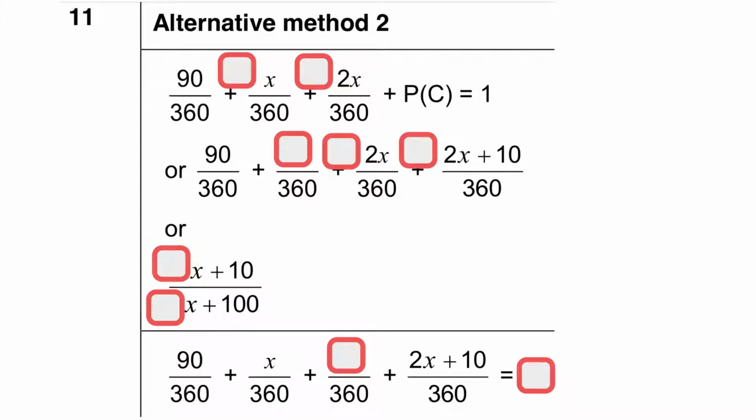Then we could look at the alternative methods. Again, you would pick different parts to hide in order to expose what students do and don't know. I've done this like this because I'm assuming that they would understand that everything had to be out of 360, although it might not be. You might keep all the top lines and think actually they won't have a problem with that.